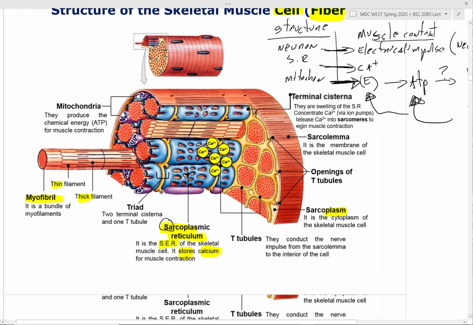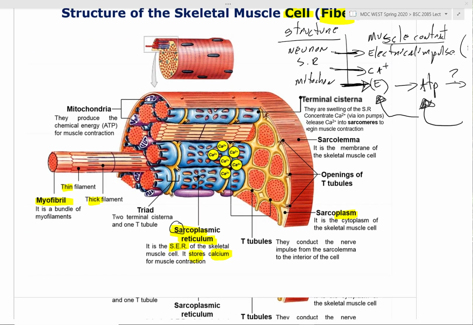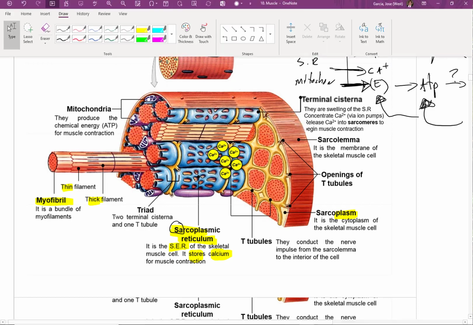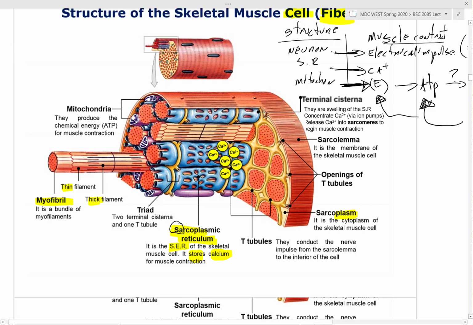So let's go into a little more detail. We went over the sarcoplasmic reticulum, we went over the sarcoplasm. We're now going to talk a little more about that sarcoplasmic reticulum. What are the different parts of it? Towards the end of the sarcoplasmic reticulum, we have something known as the terminal cisterna. Terminal cisterna is the end.